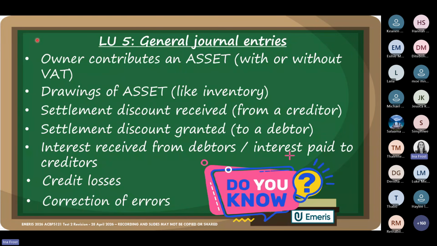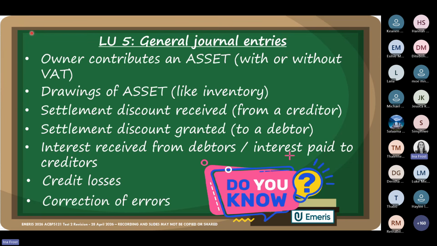So if you make sure you know how to do these 7 different types of general journal entries, then you will see that most of the questions out there in past papers and in the textbook are really just based around these entries.